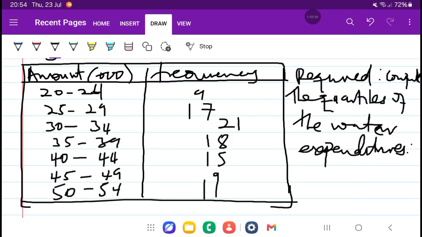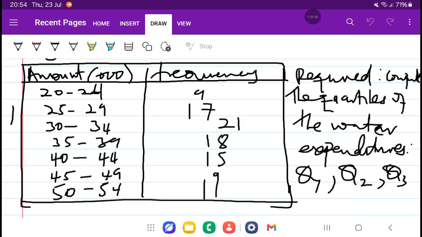So we are computing Q1, Q2, and then Q3. So let's go to the solution and try to see what we have.